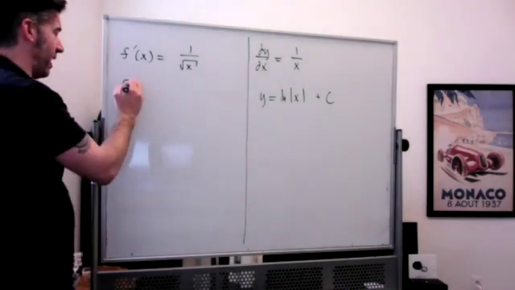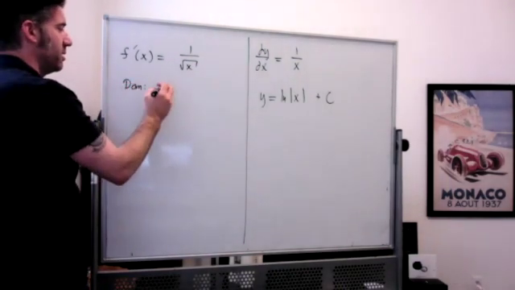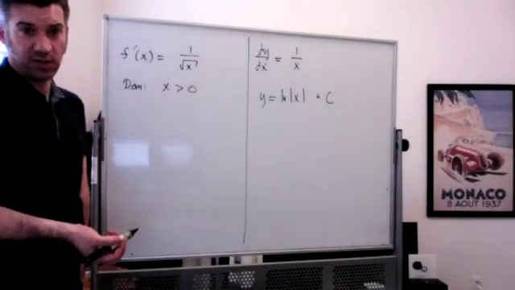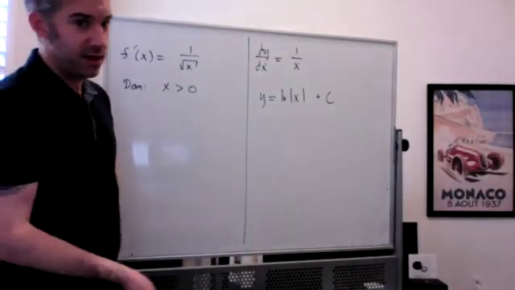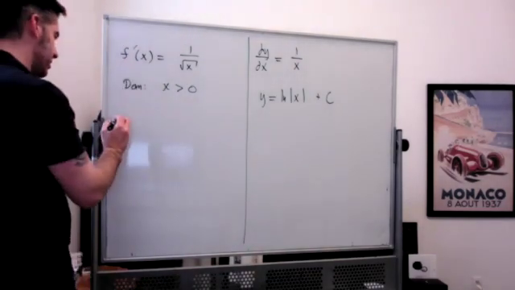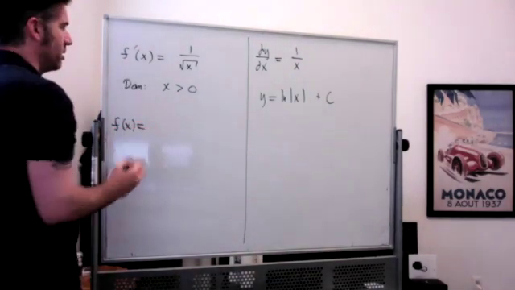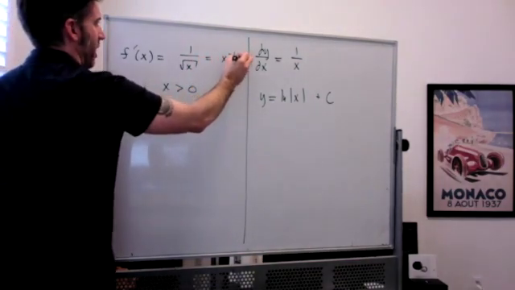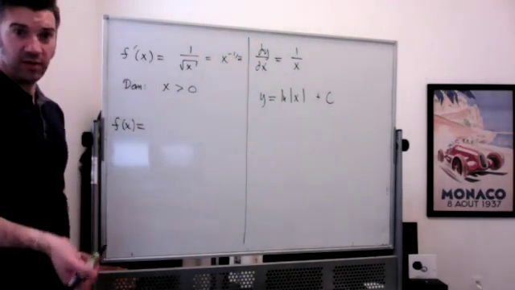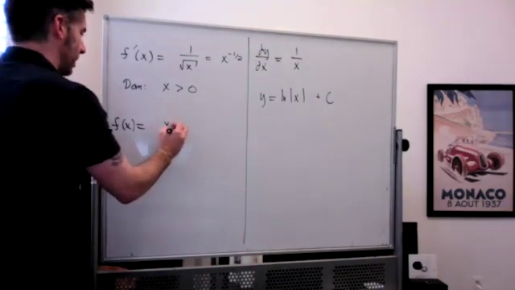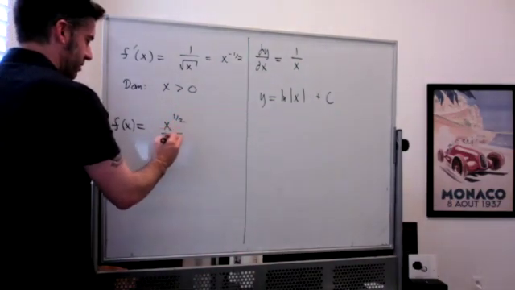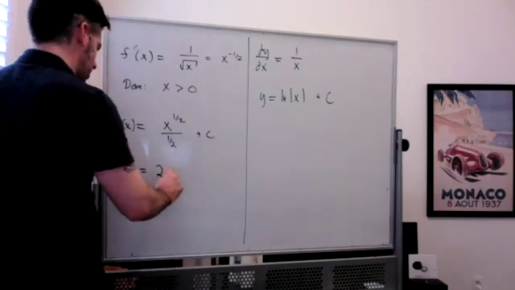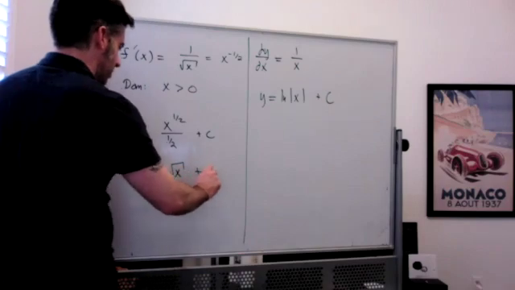Well, the domain of that is x being greater than 0, but not equal to, because if it was equal to 0, we'd divide by 0. The antiderivative of this is, well, let's see, this is really x to the negative 1/2. The antiderivative, I'm going to use the anti-power rule, is x to the positive 1/2 divided by 1/2 plus c, which is really just 2 times the square root of x plus c.